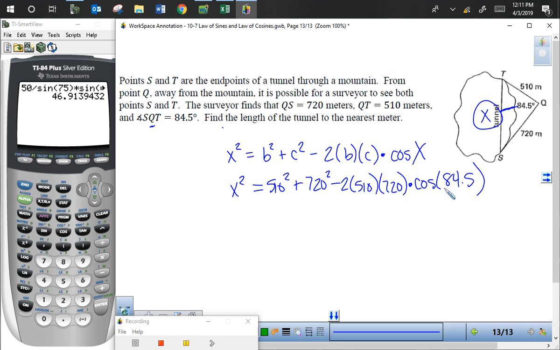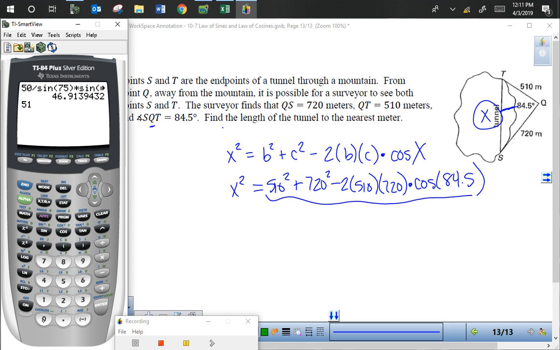We're trying to solve for x. It's alone, so we get to type in all that other junk on the right-hand side. Big number, but that's okay.